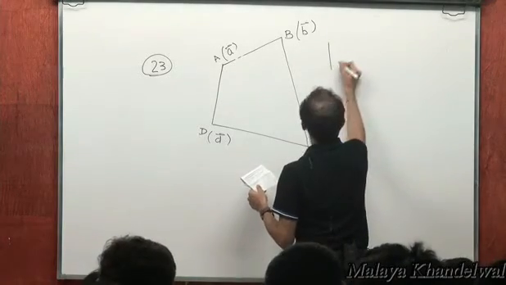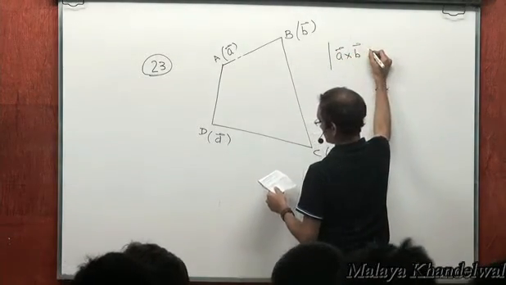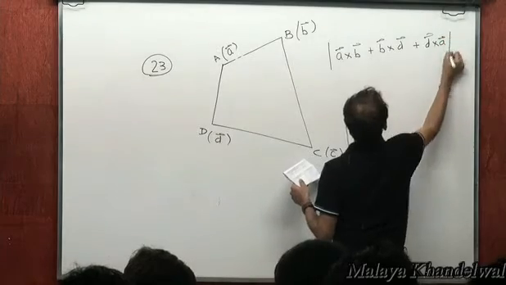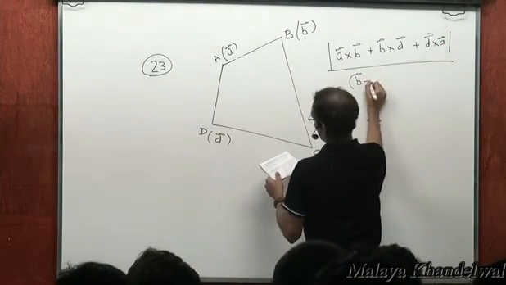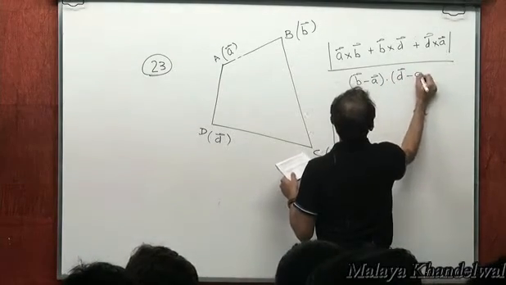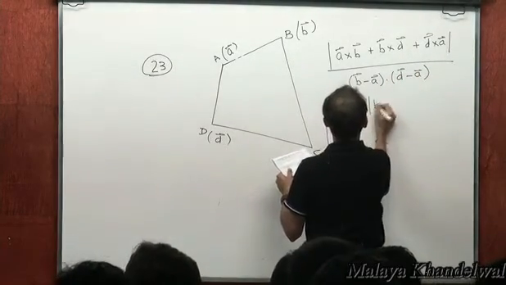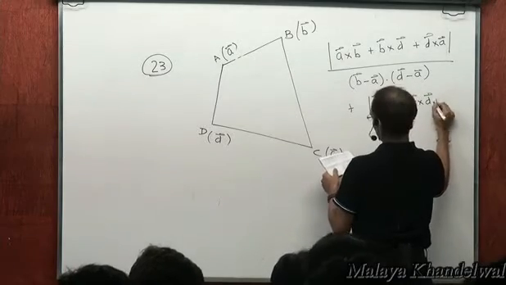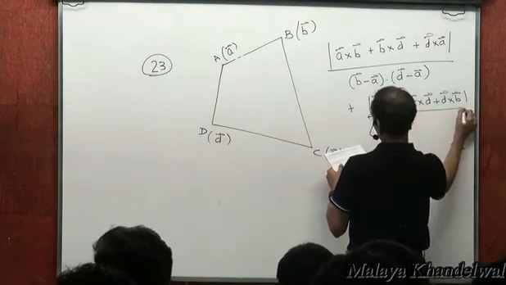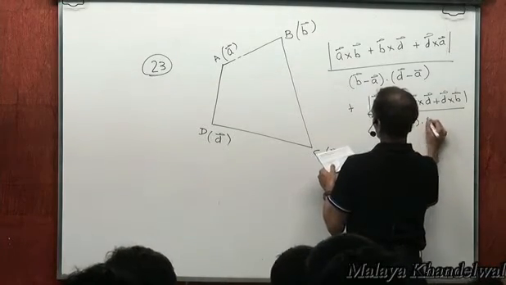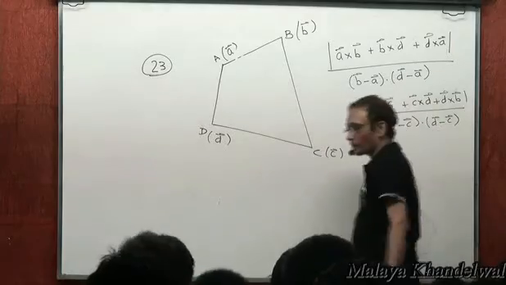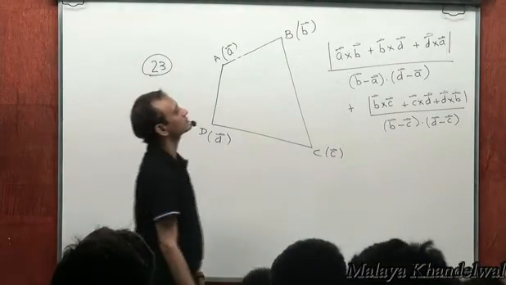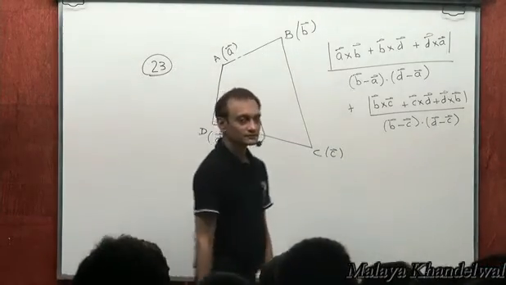We want to find B minus A dot D minus A over B cross C plus C cross D plus D cross B. You know what?